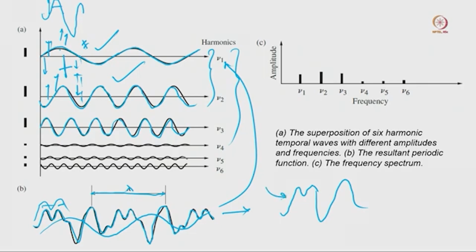Now, if we add more and more waves, like the fourth, fifth and sixth, we can represent this wave exactly. What are we adding here? If we take this wave and flip it on top, I am just flipping it on the screen.